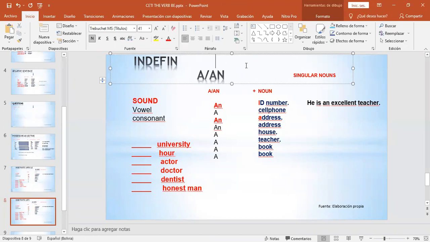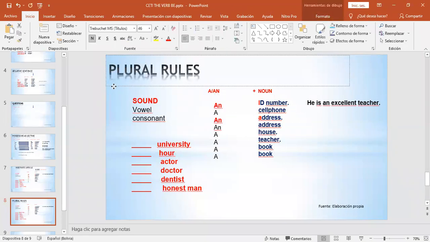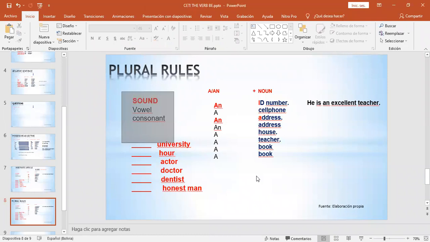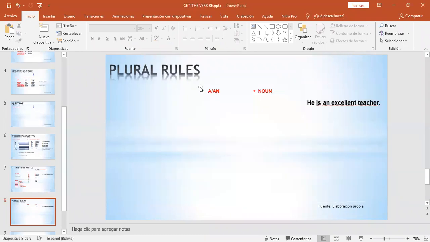In the singular, for singulars, I will write some examples. Yeah, I will teach this now. Singular and plural. What is the difference?